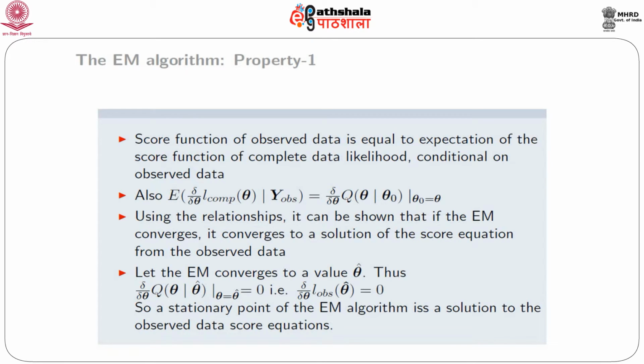Suppose we assume that the EM converges to the value theta hat, then Q(theta given theta hat) is maximum at theta hat. That means del theta of Q(theta given theta hat) at theta hat is 0, that is, del theta of the log likelihood of the observed values at theta hat is 0. So, a stationary point of the EM algorithm, theta hat, is a solution to the observed data score equations.